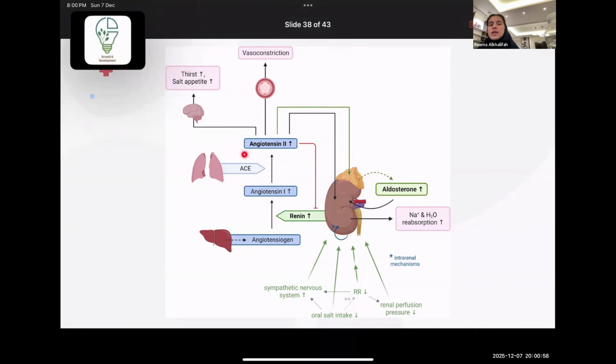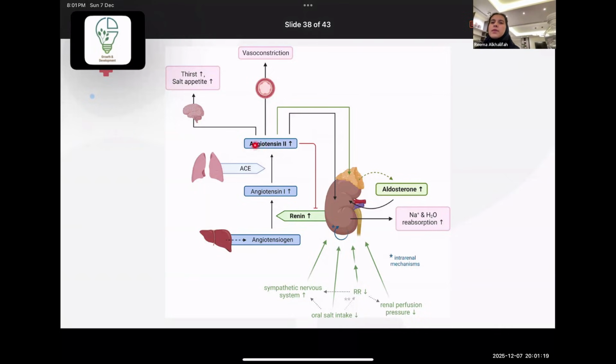Now, angiotensin 2 has many, many effects. First, it's going to increase thirst, so that's going to cause us to feel the urge to drink more water. So that helps increase blood volume and increase blood pressure.